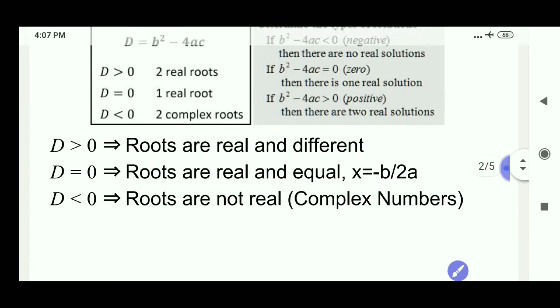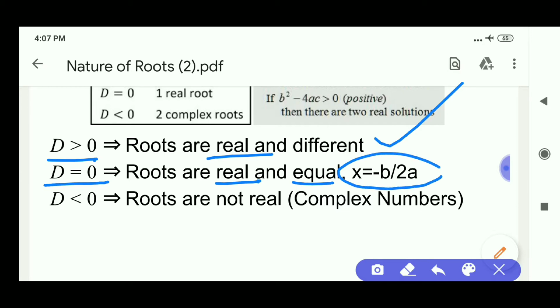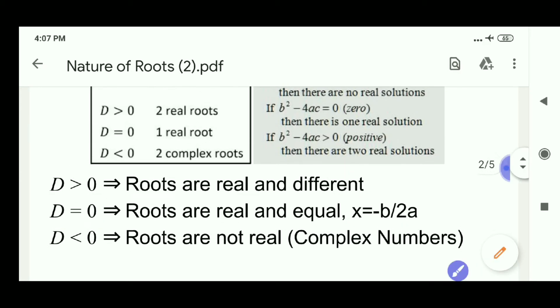Once again, D greater than 0 implies roots are real and different. Real means real numbers. If D is equal to 0, then roots are real and equal. That root is minus b by 2a.